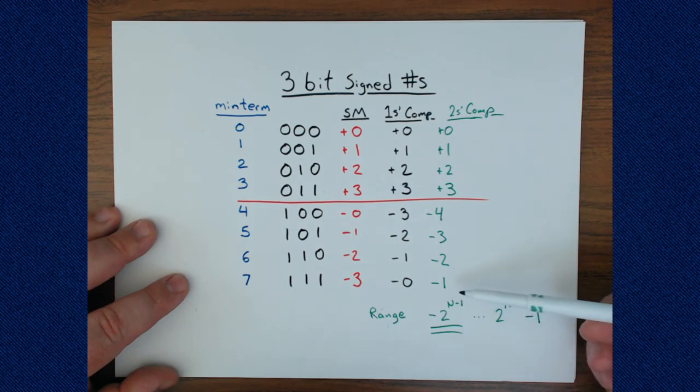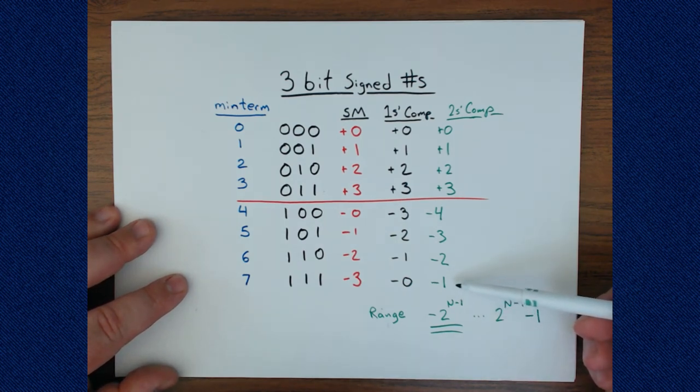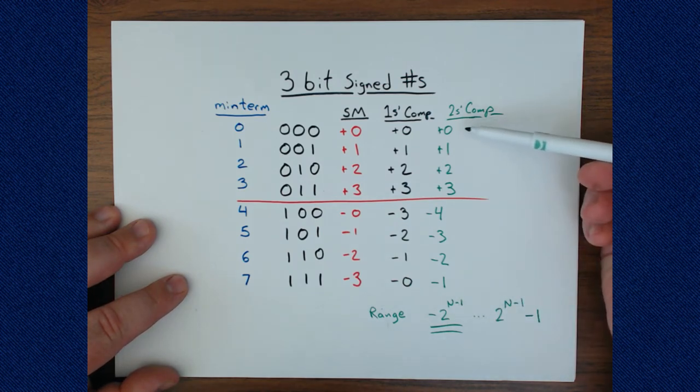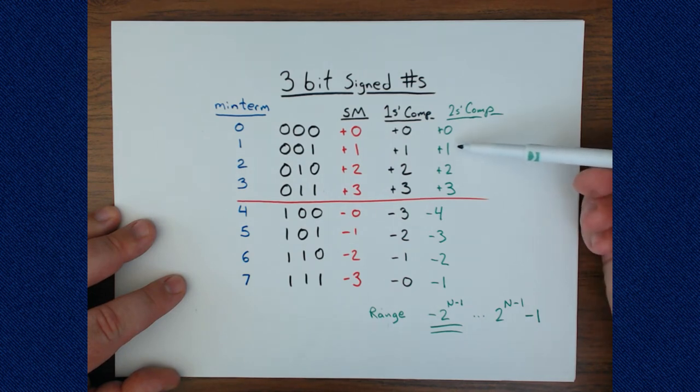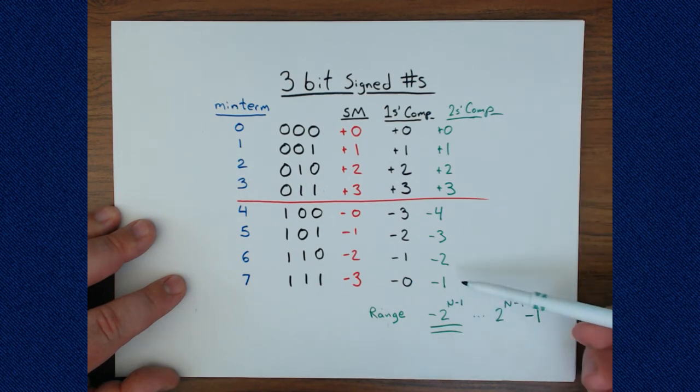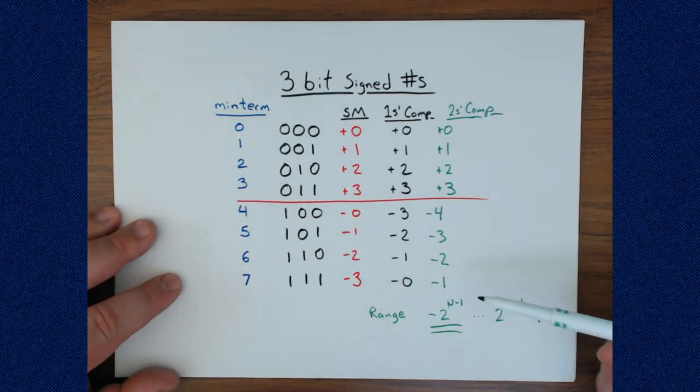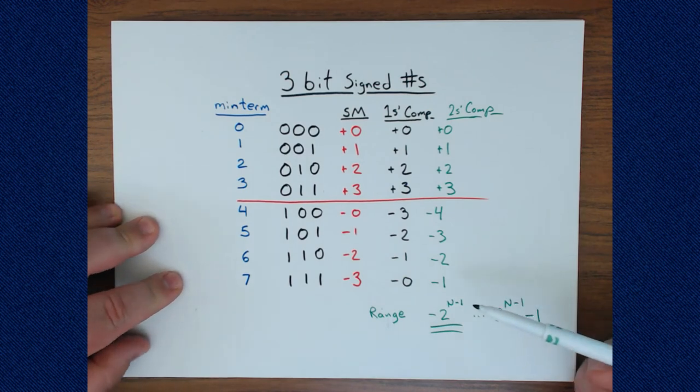But now we're going to wrap on minterms. When I add 1 to negative 1, mathematically, of course, I get positive 0. And that is wrapping right around to the top of the minterm rows, to which I can add 1 again and 1 again. And if I start doing the same with subtraction, 2 minus 1 is 1. 1 minus 1 is 0. 0 minus 1, well, I've run out of minterm rows, so I can wrap back around, and it's negative 1, which is even mathematically the correct answer.